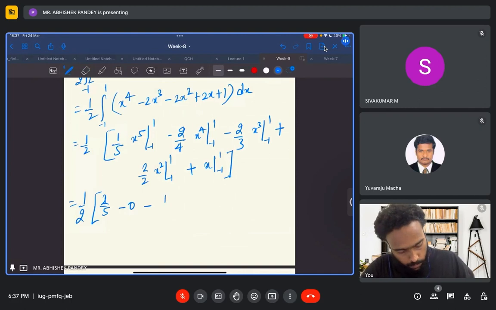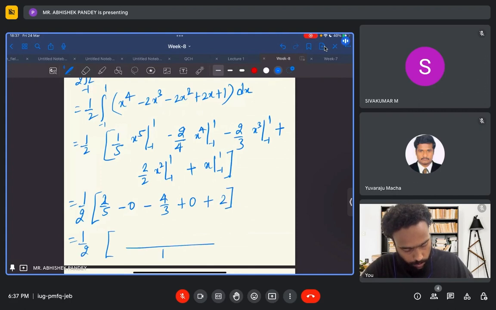This is 4 by 3. This is again a square, so plus 0, plus, so this is 2. Okay, so 1 by 2, so this is nothing but over 15: 6 minus 20 plus 30.